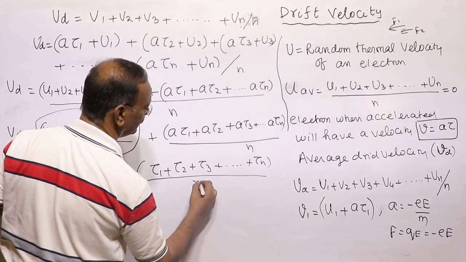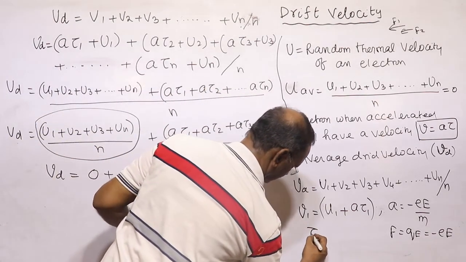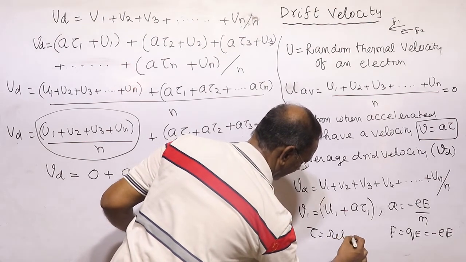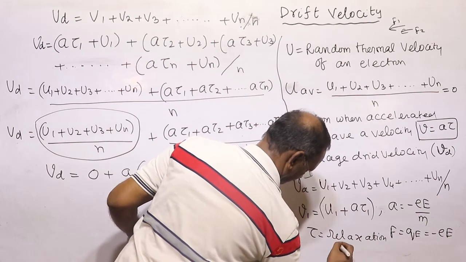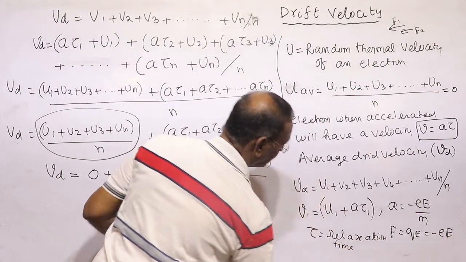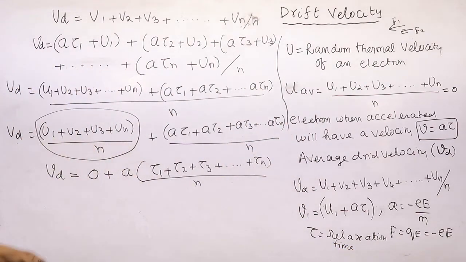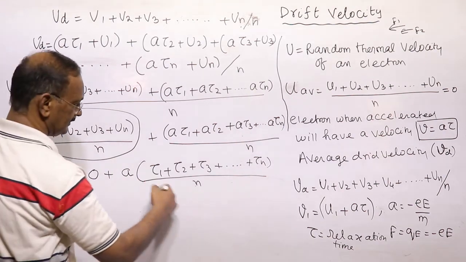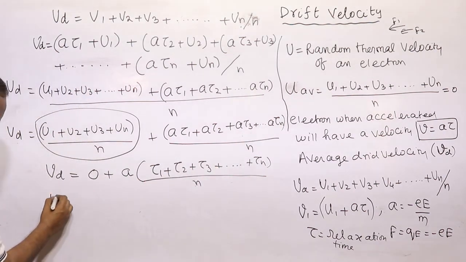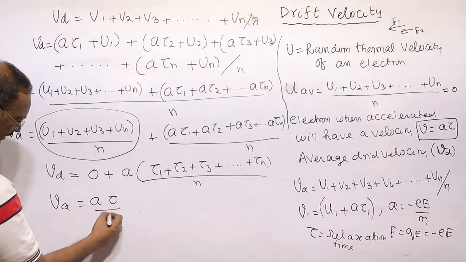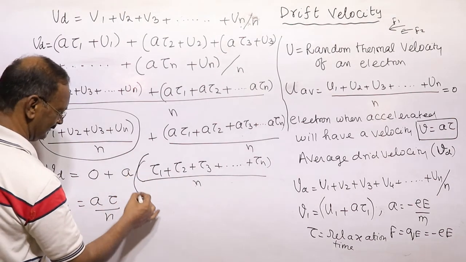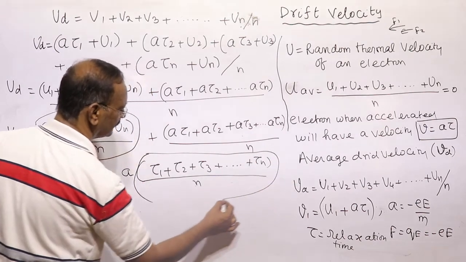What is tau? Tau is the relaxation time of a particular electron, not for all electrons, and this is the average. So V drift velocity is equal to A into tau by n, where this portion we can write as tau.